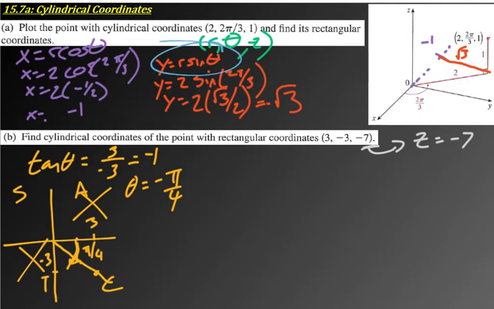Then I just need to get r. I can do either x or y, it doesn't matter. Let's just do x. Using x equals r cosine theta, 3 would equal r cosine negative pi over 4.